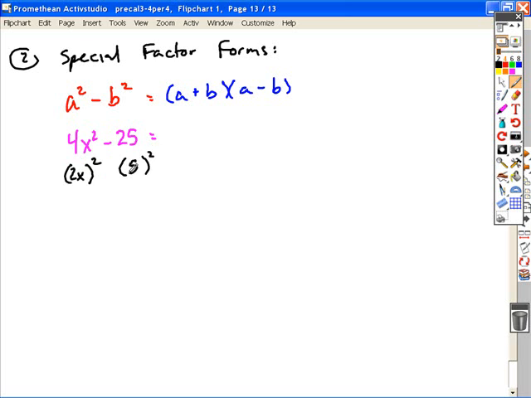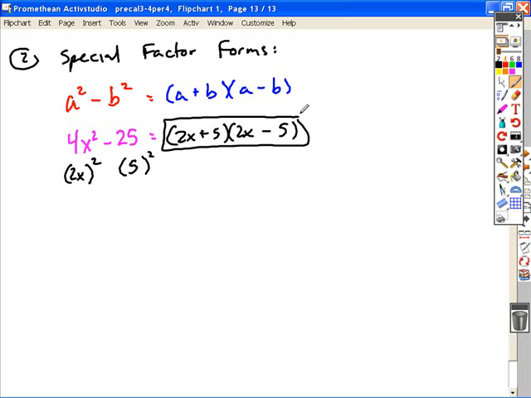So here it fits your pattern. The difference of squares can be factored into the sum and difference of those bases. So your bases are 2x and 5, and you simply take the sum and difference, and that becomes your set of factors. Knowing this pattern is probably quicker than trying to solve it with your calculator, because it's a pretty basic pattern.